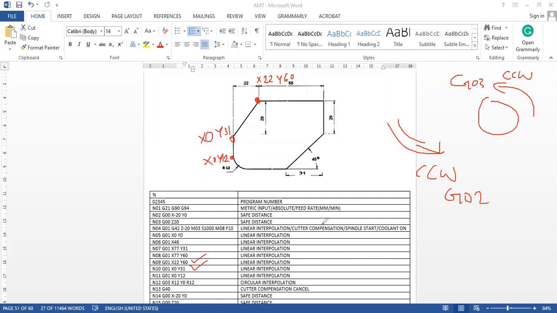So here, for G03, the x value is 12 and y value is 0 and the radius is 12. Okay, so that is completed.